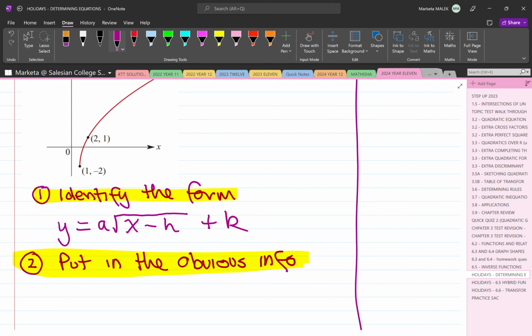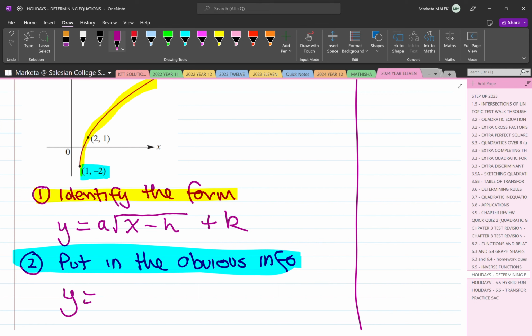For a root graph, the obvious information is your starting point. And what we might do, we might colour code that in blue, so we know that that's what we're using. And then maybe the form, we can colour code in yellow. So now we're going to have y equals a root x.